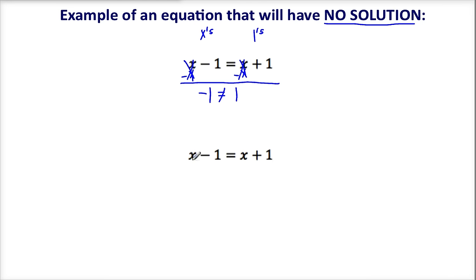Can you think of any number that we can subtract 1 from and add 1 to and end up with the same result? No, that's impossible. So think about that when you're looking at equations. Look to see, are we taking a variable and adding and subtracting different things from it? So we have the same variable, but we're adding and subtracting different things from it.